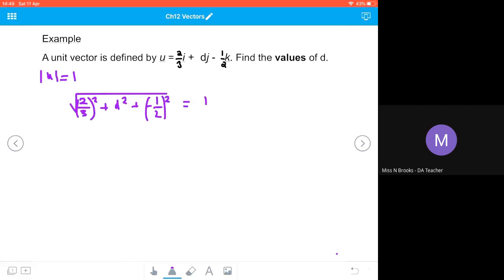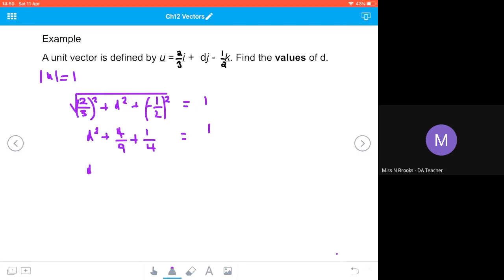Now we want to get rid of that square root sign, so we're going to square both sides, and do a bit of rearranging. We're going to put the d squared first, and then we're going to square the 2/3, so that's going to give us 4 over 9. We're going to square negative a half, which is going to give us a quarter, and that's going to equal 1. Now we need to work out the common denominator of our fractions.